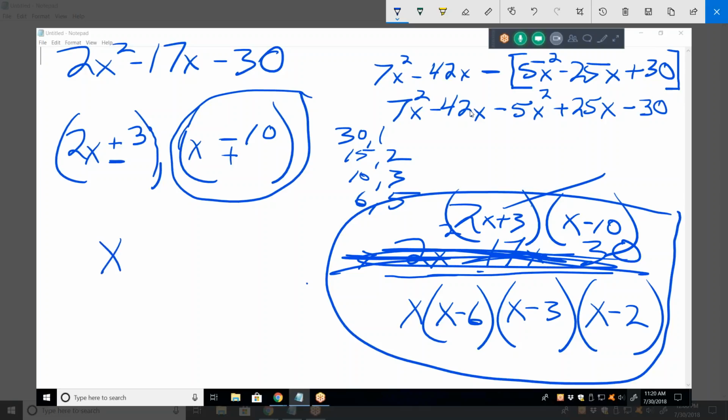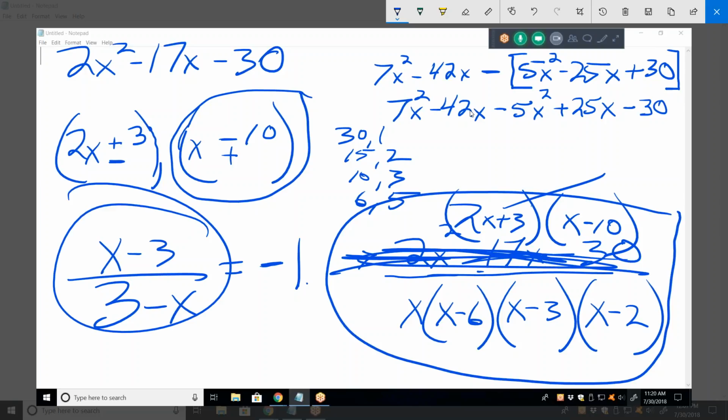Unless you have something like this. What's that equal to? Minus 1. Always. The only time you can cancel a numerator with a denominator, when they are not exactly the same, is this scenario.